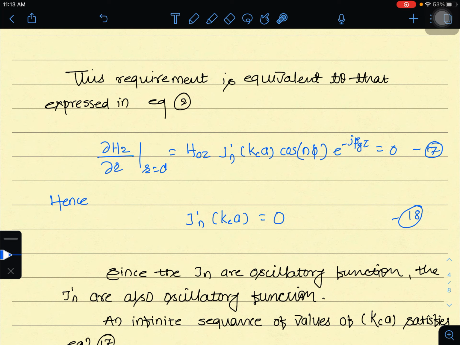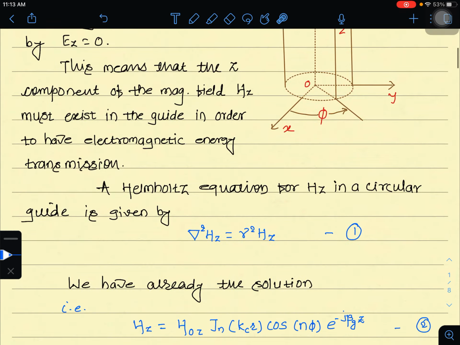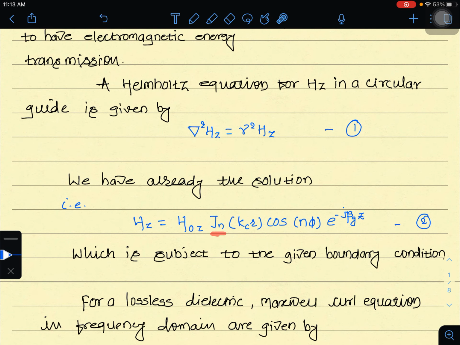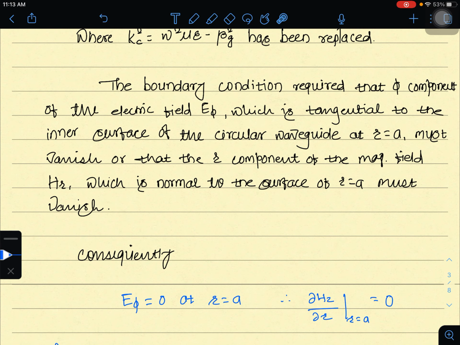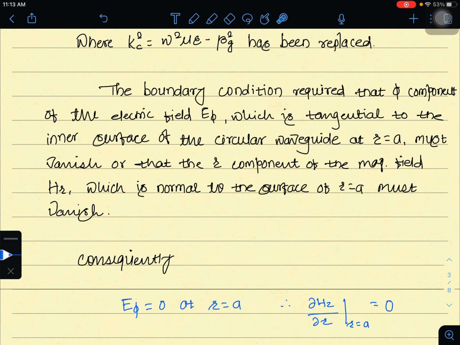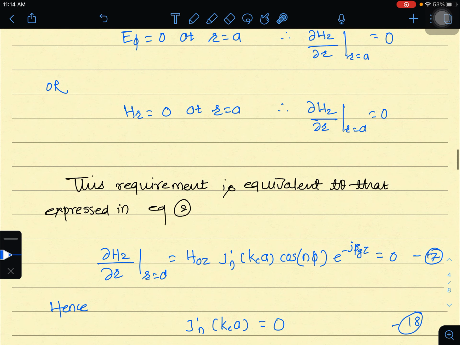Now the Jn, which is used in equation number 2, look at equation number 2 here. This is Jn. We know very well Jn is an oscillatory function. Similarly, J'n(kc a) is also an oscillatory function.